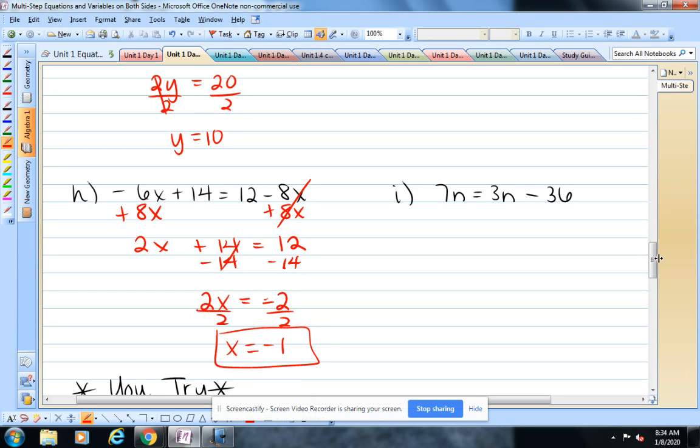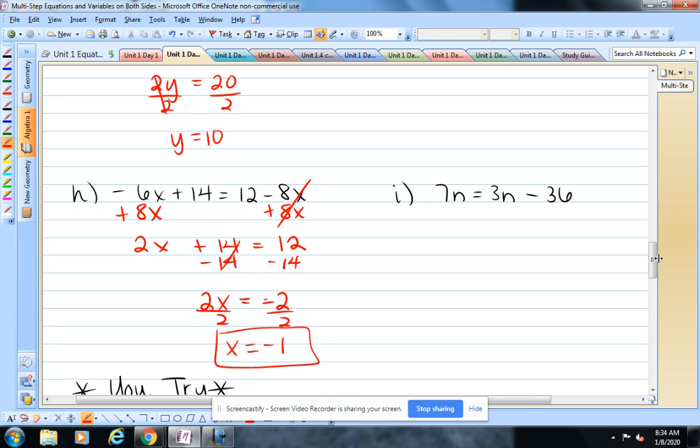We want to move his little buddy, his n buddy, over there with him. Because if you move this to the other side, you'll have to put a 0 here and you're going to have a ton of steps. So these are actually quick little problems as long as you move the one that does have something else with it to the side that doesn't have anything else with it.